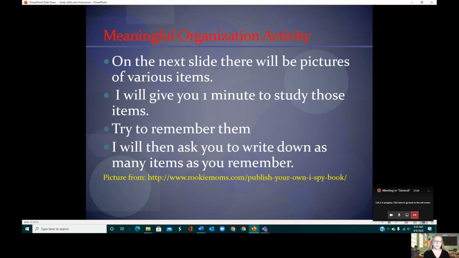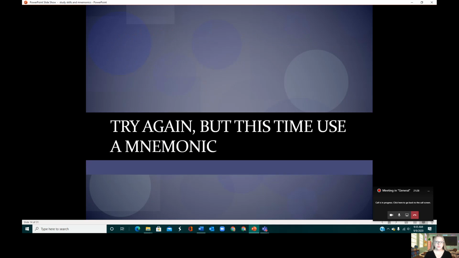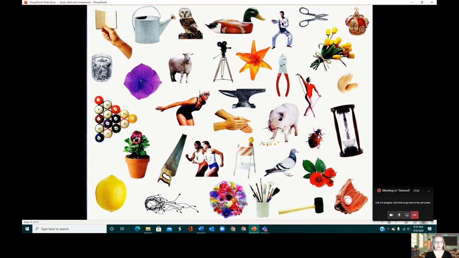This will be a different picture, but we're going to do the same thing. So go ahead and pause right now and time yourself for about a minute and see how many things you can memorize using one of the new techniques instead of the old ones that you've been used to, and then come back and we'll be almost finished up.